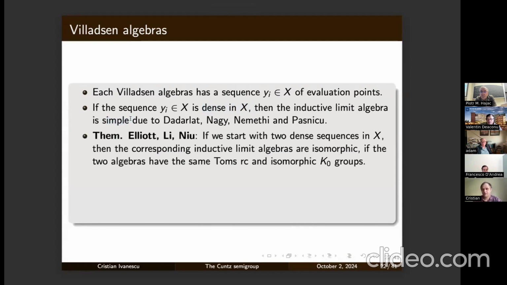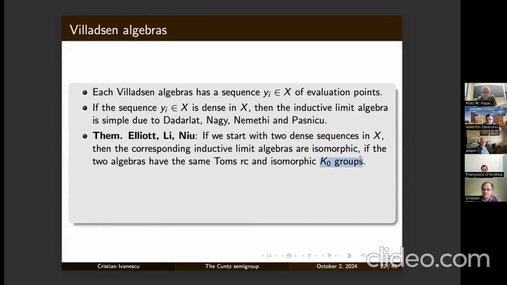Now a relatively recent result of Elliott, Lee, and Niu shows the following. If we have two such Villadsen algebras, that means a priori you can have two different dense sequences used in the evaluations, then you can say that the corresponding inductive limit algebras are isomorphic if they have the same Toms' radius of comparison and isomorphic K groups.